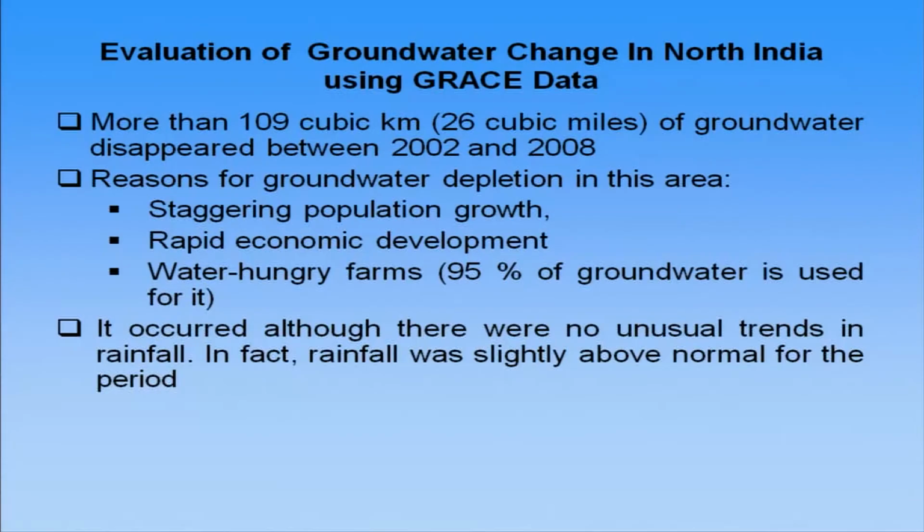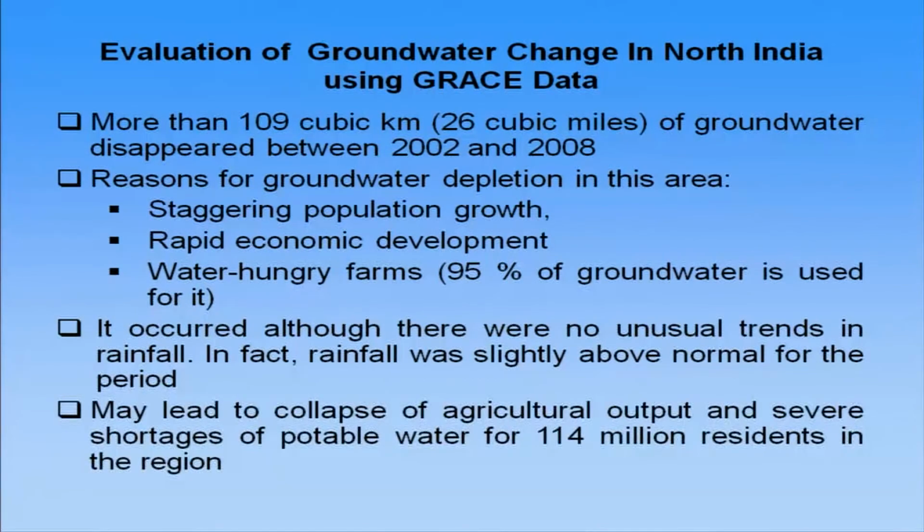In fact, rainfall was slightly above normal for the period given above, but this is mainly because of overconsumption, and this may lead to collapse of agricultural output and severe shortage of potable water for 114 million residents in the region. So the depletion will affect not only the population, that is the day-to-day requirement of the people, but also the agricultural output.